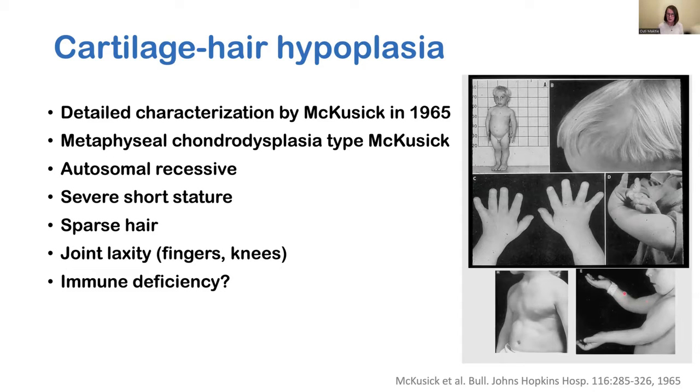But they also often had elbow contractures, so they were not able to completely extend elbows, and some other features. But already at this point, he speculated that the patients might have some form of immune deficiency because there were some early deaths and especially severe varicella among the affected individuals.